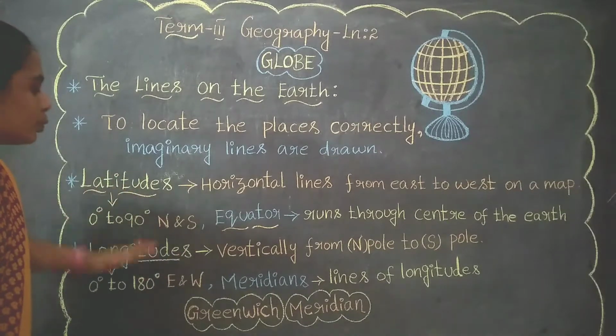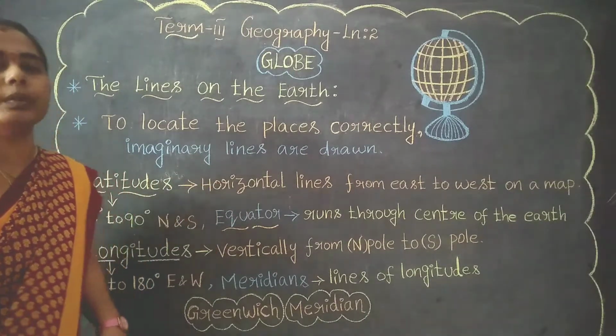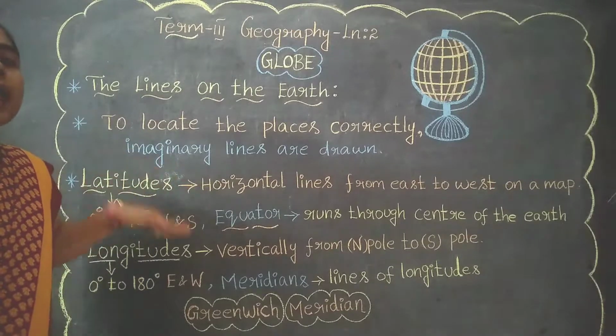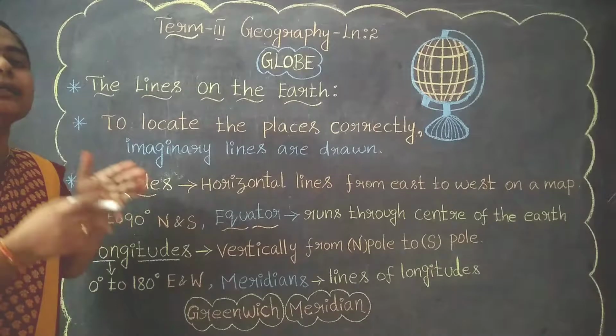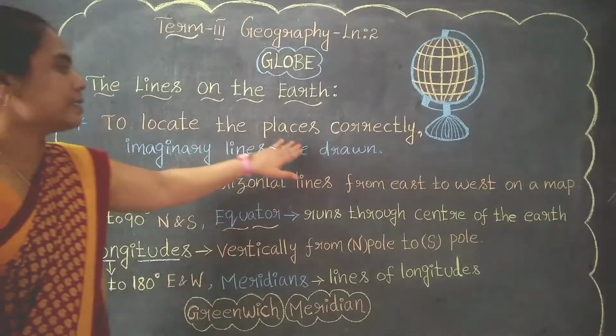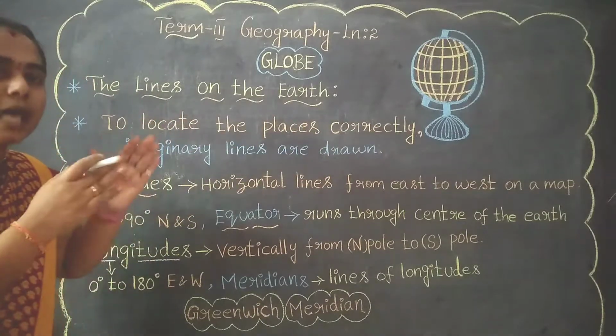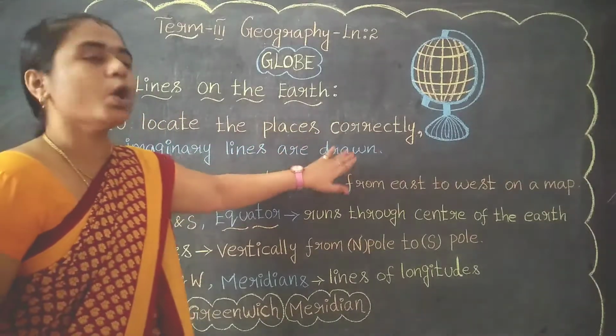So these two sets of lines are named imaginary lines of the globe, right? Imaginary lines are used to calculate accurate distance and time. To locate places correctly and accurately, the imaginary lines are drawn on the map.